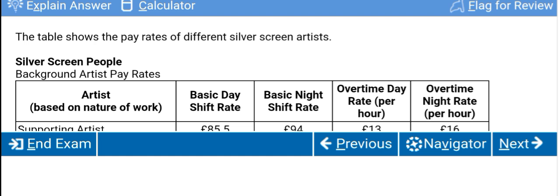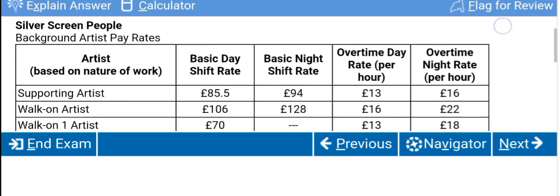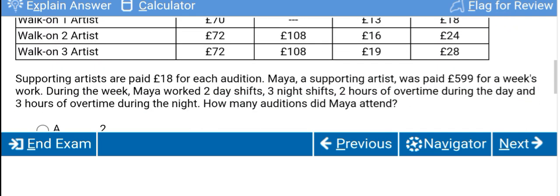So here we have again the same question with the same passage statement with the same table, and the question is that supporting artists are paid 18 pounds for each audition. Maya, a supporting artist, was paid 599 pounds for a week's work.